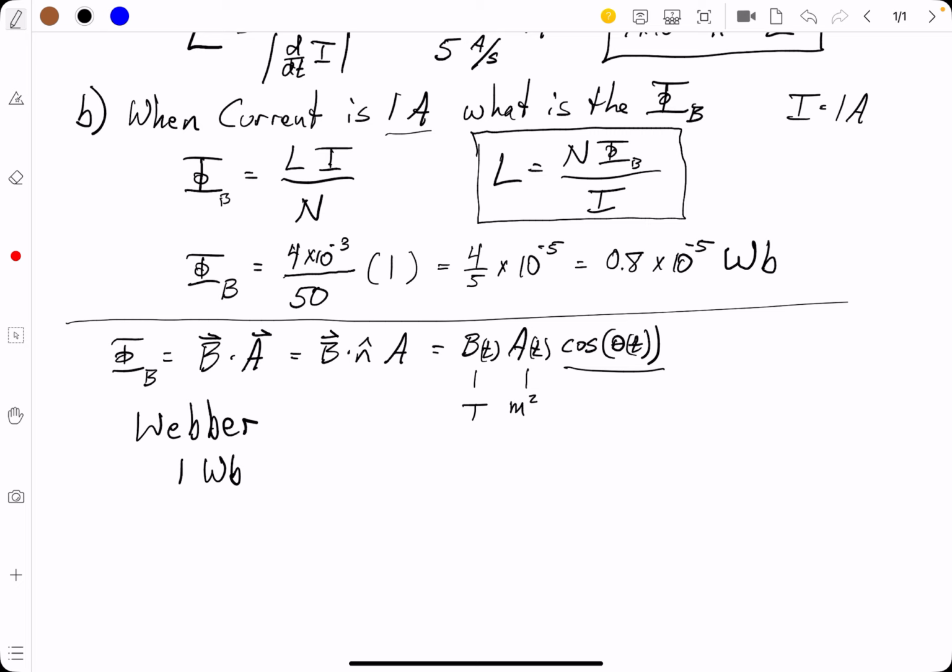I don't know, but somebody was working on this, and we decided to honor them with this. So 1 Weber is equal to 1 Tesla times 1 meter squared. So that is a Weber, and we just came up with our phi of B for the situation in the example.